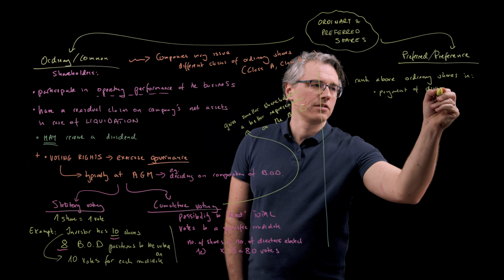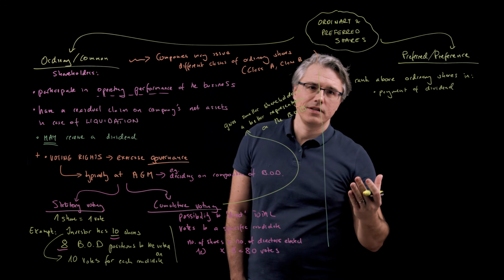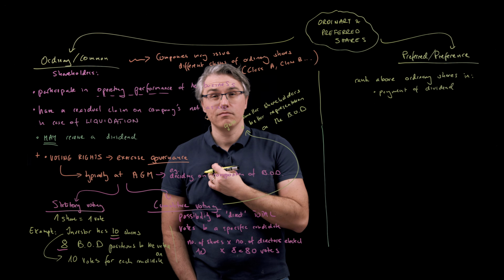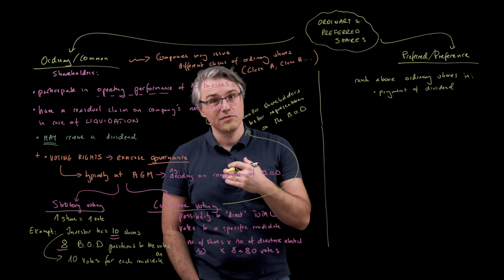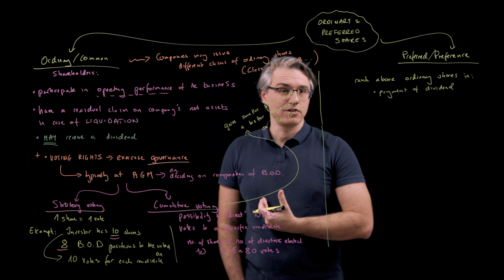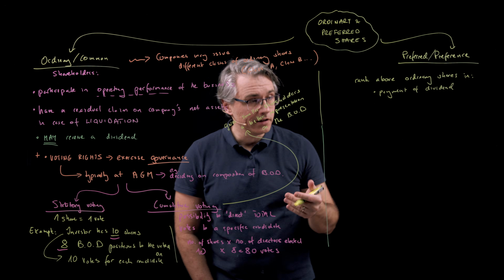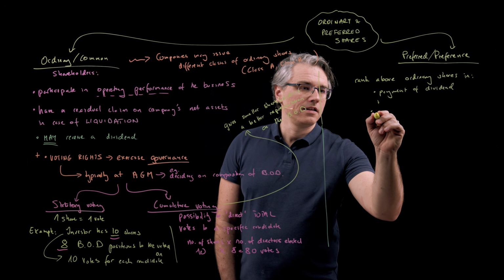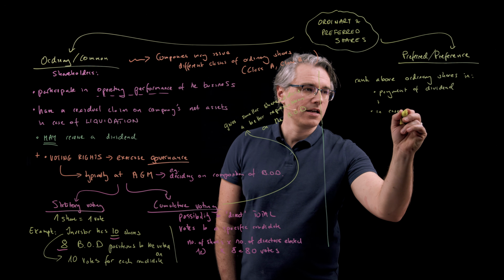As you will see in just a moment, a dividend that is declared to preferred shareholders comes before a dividend to ordinary shareholders in a sort of hierarchy, plus in the event of, or in case of liquidation.